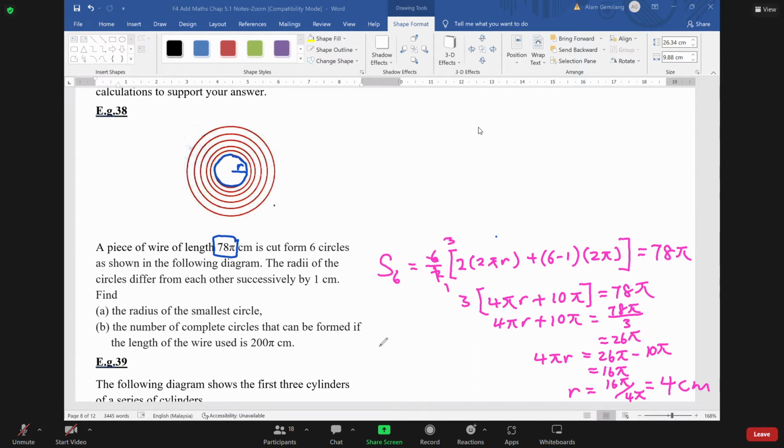Anyone get an idea? Okay, just use this formula only, right? You want to find how many circles, so just use that: Sn equals 200 pi. That's all. So find the n.